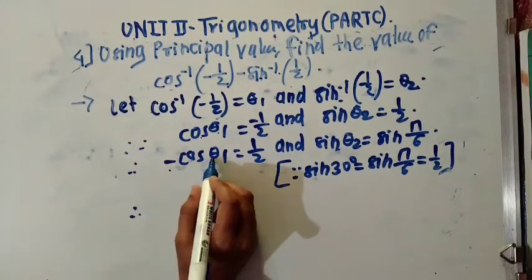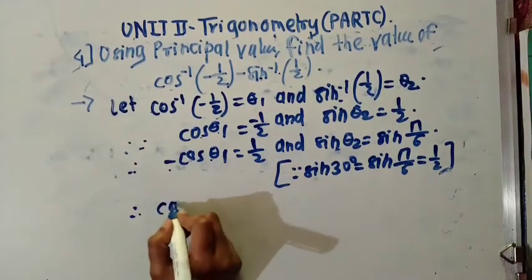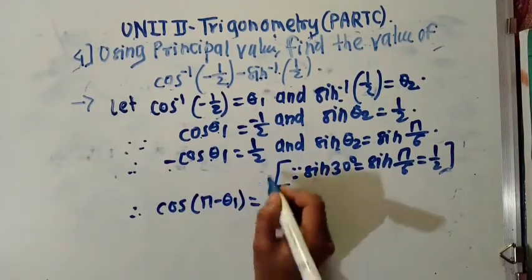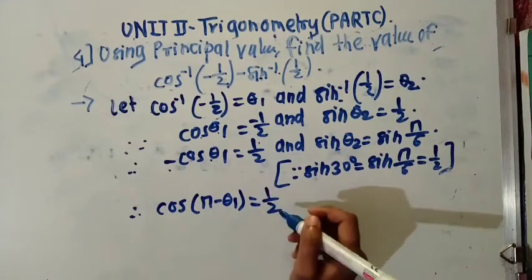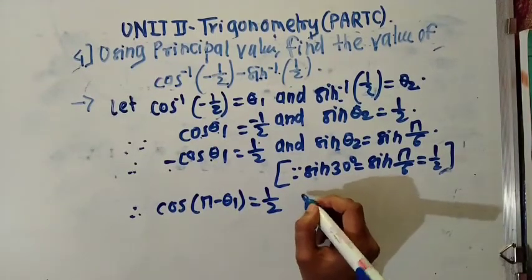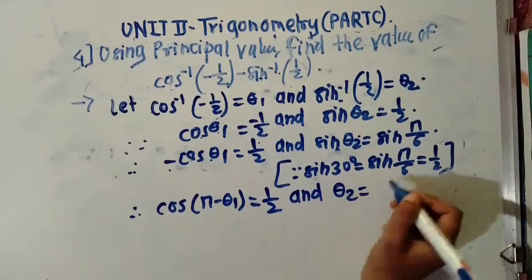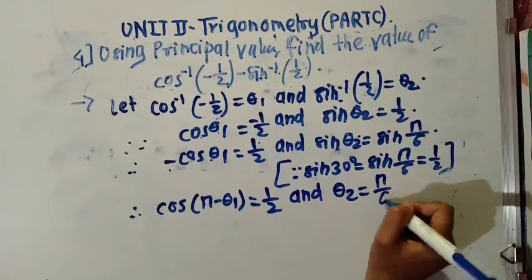Minus cos theta 1 is cos of pi minus theta 1, so cos of pi minus theta 1 is equal to 1 by 2, and theta 2 is equal to pi by 6.